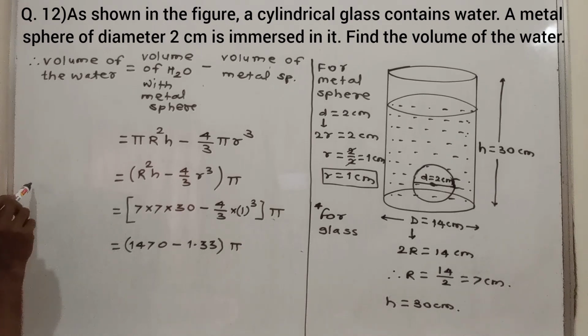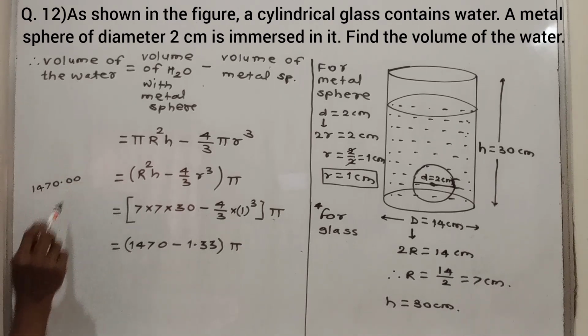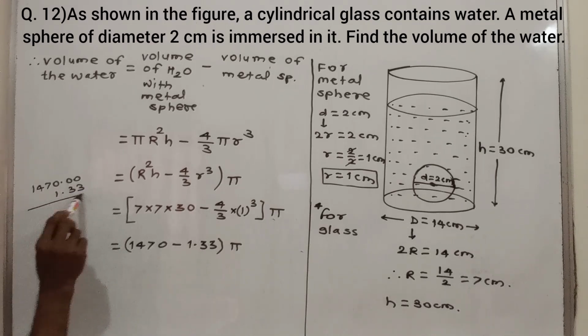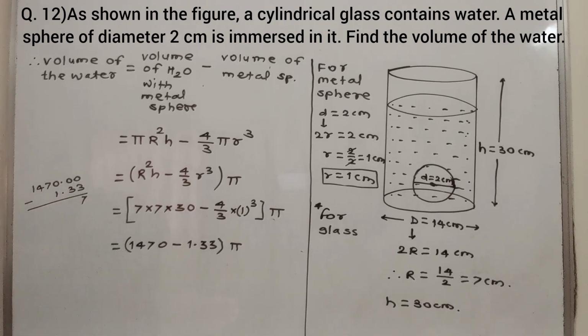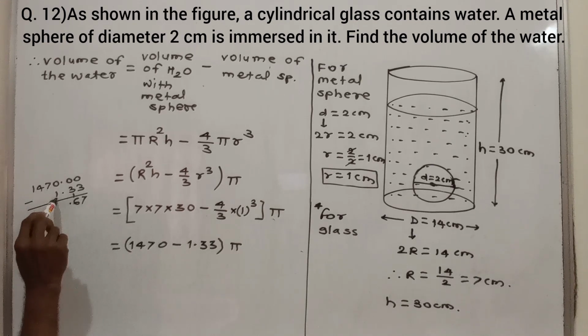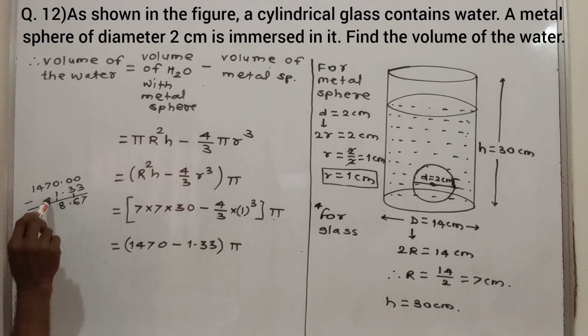We do this subtraction this way, 1470.00 minus 1.33. 10 minus 3, carry 1. 10 minus 4, carry 1. 10 minus 2, 8, carry 1. 7 minus 1, 6.